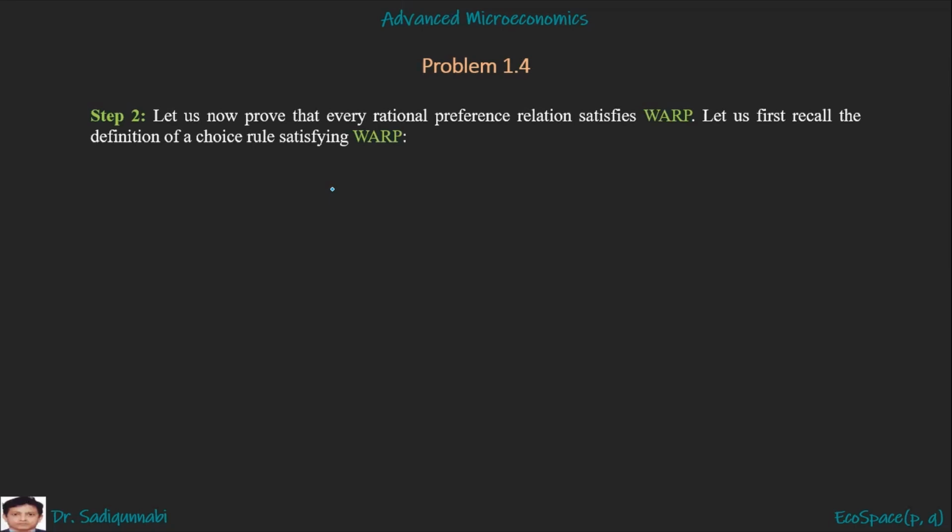In order to do that, we recall the choice relation that satisfies WARP.